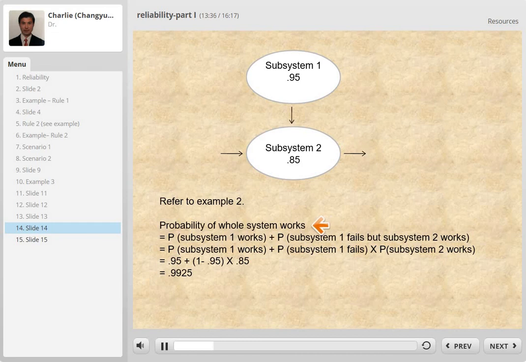Now the probability of the whole system working, we calculate the same way as example 2. The probability of the whole system working equals the probability of subsystem 1 works plus subsystem 1 fails but subsystem 2 works.